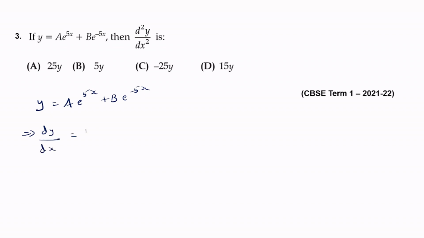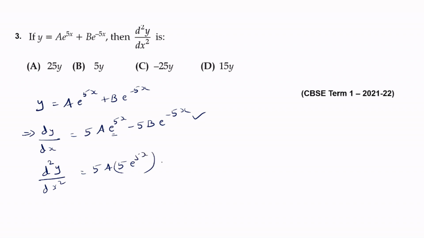So dy by dx will be 5a e raised to 5x minus 5b e raised to minus 5x. Then d square y by dx square will be the derivative of this. So this is 5a into e raised to 5x is 5 e raised to 5x minus 5b into derivative of e raised to minus 5x is minus 5 e raised to minus 5x.